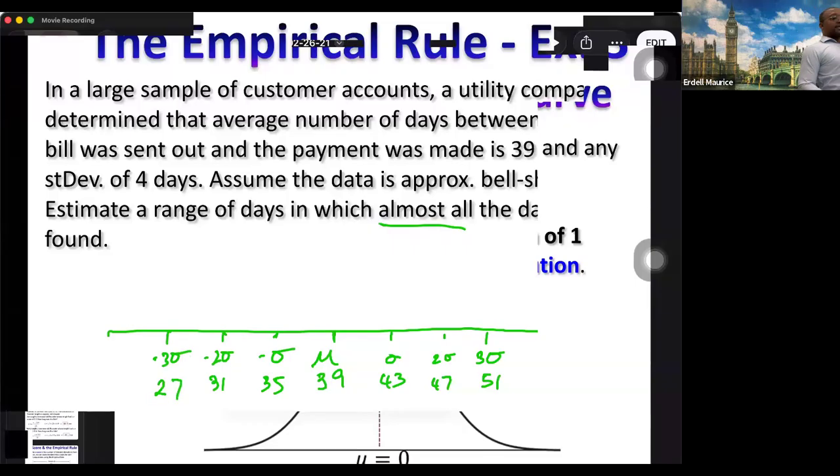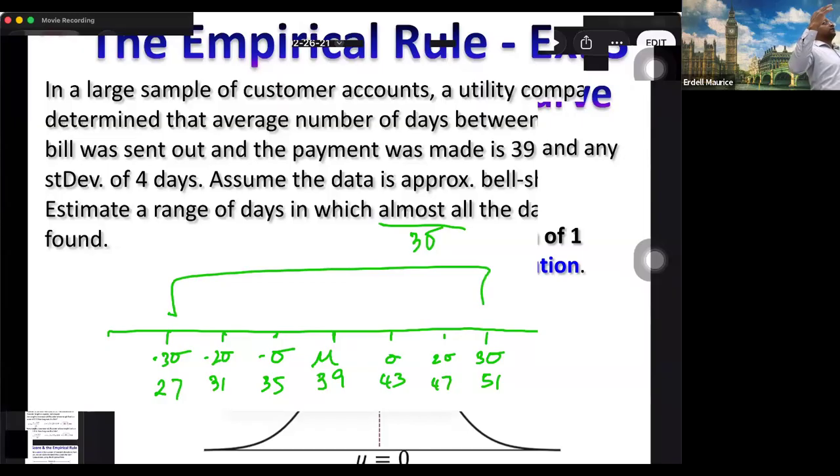Yes? Now, almost all is 3 standard deviations away from the mean, correct? So what are the two numbers that I need right here to plug into the box to get my answer? 27 and 51. Questions there? Almost all is 3 standard deviations away from the mean.